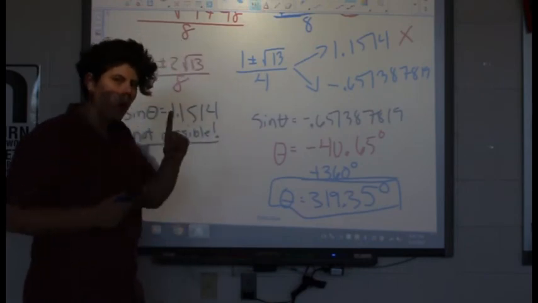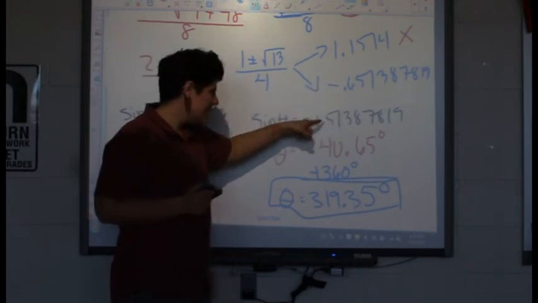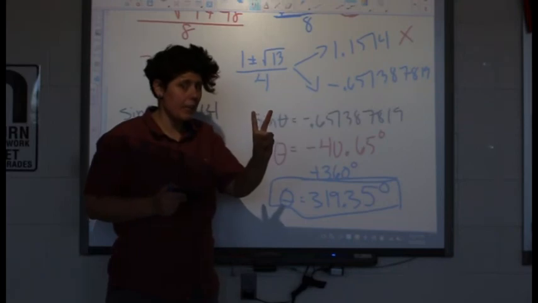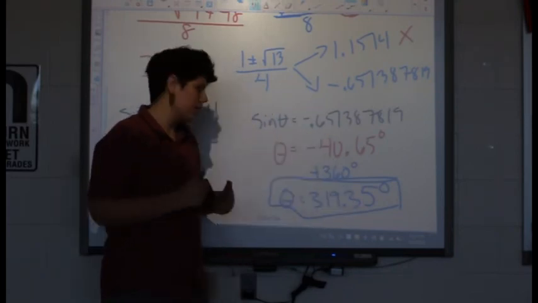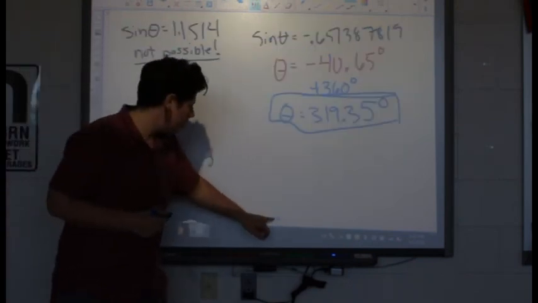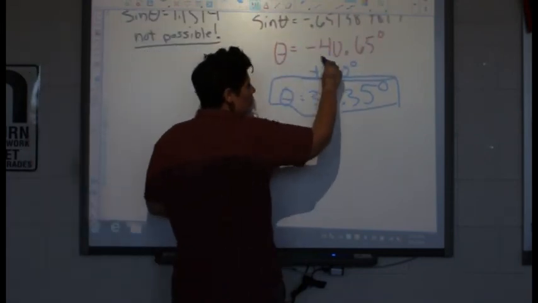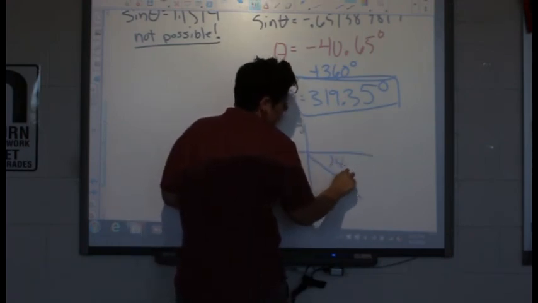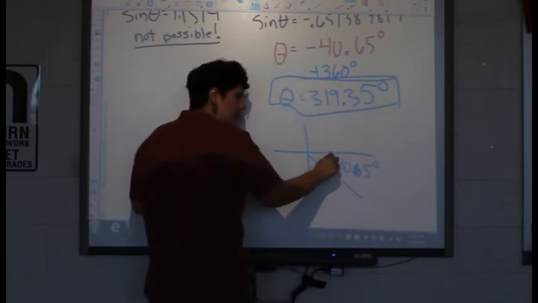Now, how come I said one of my answers? All right, because sine is negative, and I know sine is negative in two places. It is negative in the fourth quadrant, and in the third quadrant. So just like on the last problem, I'm going to come over here and find my reference angle. Sorry, I'm having a little trouble with the board. Now it told me one of my angles was negative 40.65 degrees. Well, that's really nice because that actually tells me my reference angle.